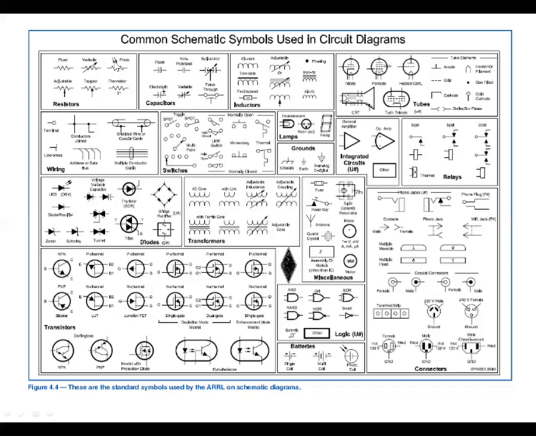In this case, for example, this is a photo resistor where they're indicating the light is changing the resistance of the resistor depending on how much light is incident on the resistor. This is an adjustable resistor where the arrow shows that there's a slider that moves up and down on the resistor, so you can change the resistance from here and from here by moving the slider.